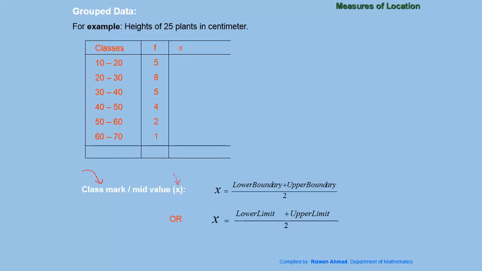In the first class, 10 to 20, x will be 15. For the second class, 20 to 30, it will be 25. We get this by 20 plus 30 divided by 2, which is 25.